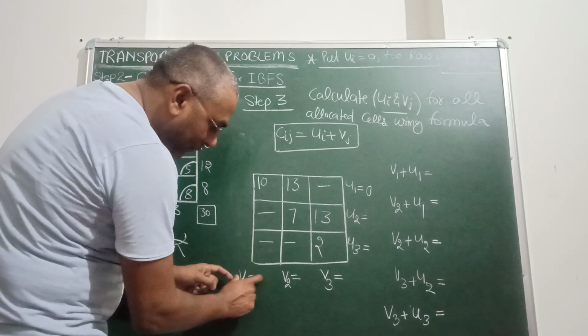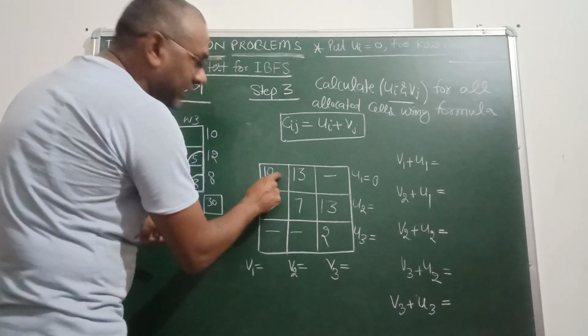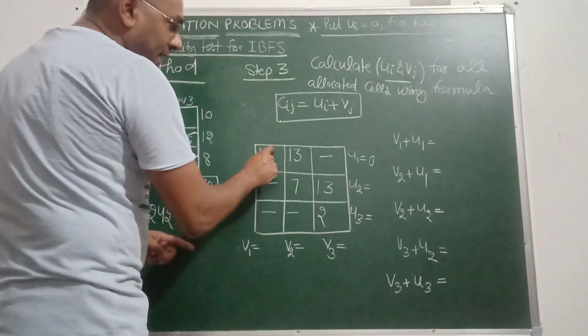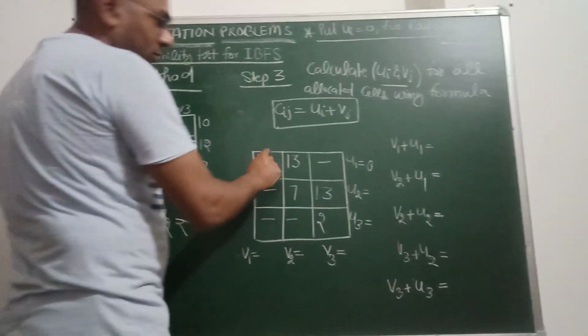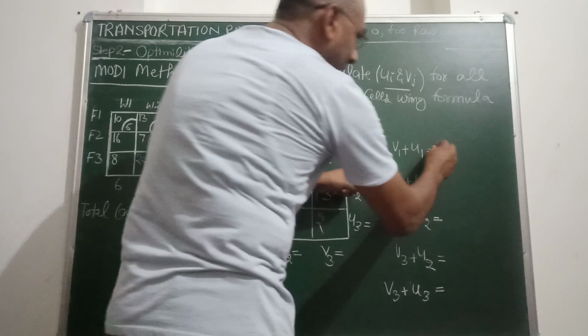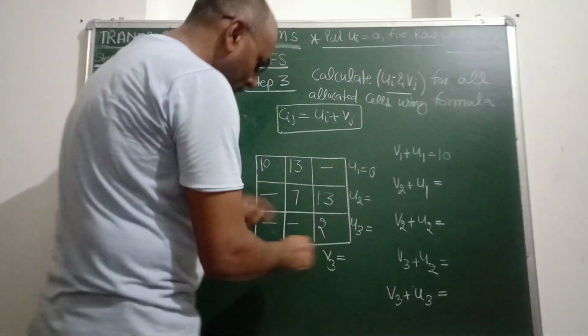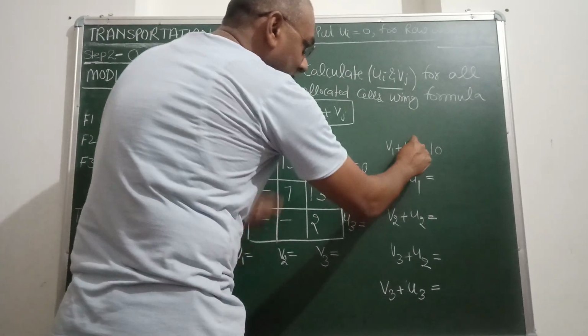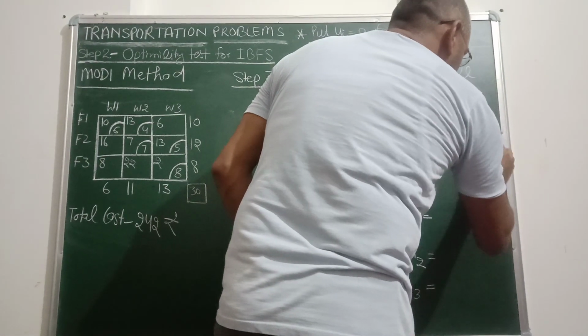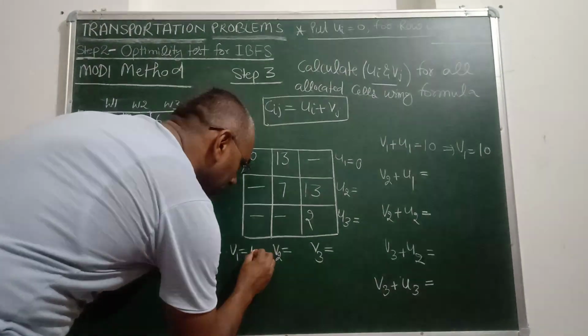So the sum of u1 and v1 will be equal to 10 as per this formula. v1 is unknown but u1 is known, so if we put u1 equal to 0 here, this gives v1 equal to 10. So v1 is equal to 10.